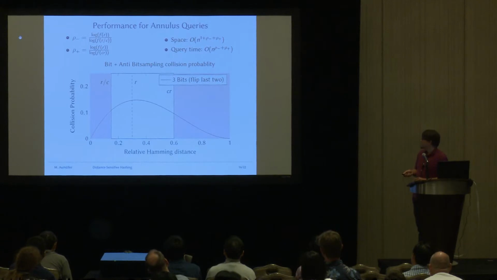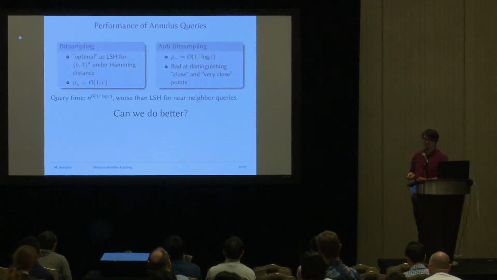The next message is this bit plus anti-bit bit sampling. That's unfortunately more of a pedagogical example. If you evaluate these functions, you see the bit sampling part is fine. There's this rho plus with the approximation factor c that is known to be optimal for LSH. We do exactly the same.